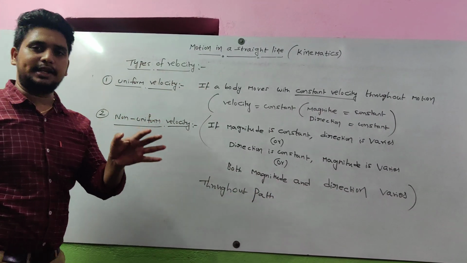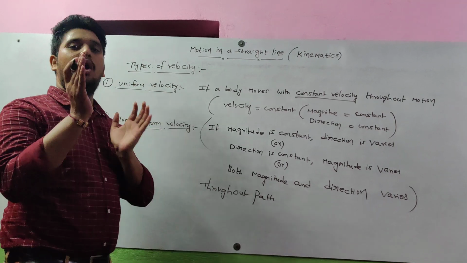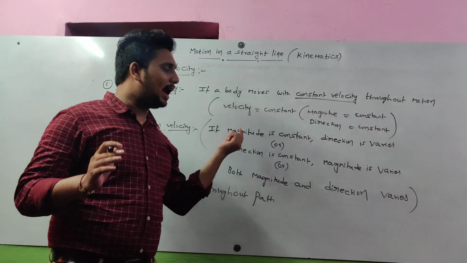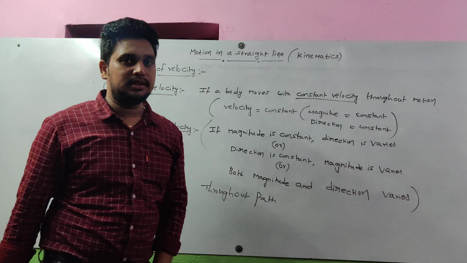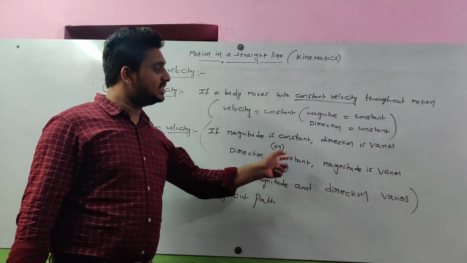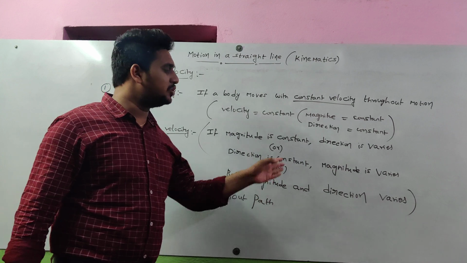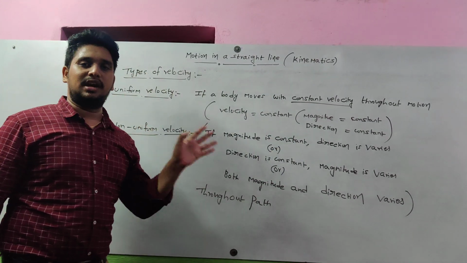Then the body is said to be in non-uniform velocity. I hope you all understood this. If the magnitude is constant and the direction varies, or the direction is constant and the magnitude varies, or sometimes both vary, this is called non-uniform velocity.